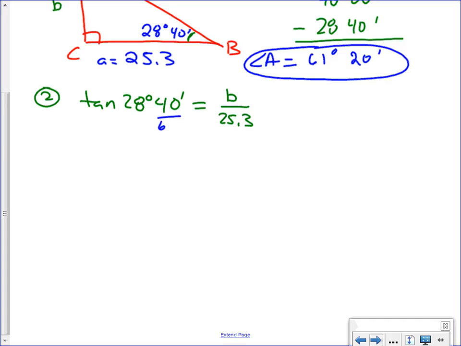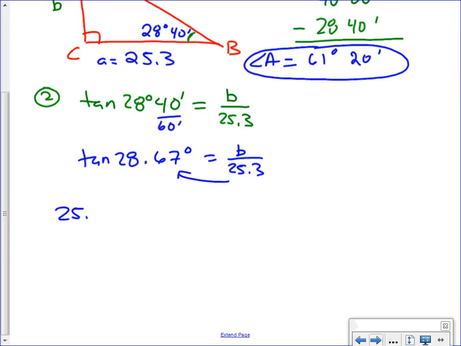Divide the 40 by 60, and you get 28.67 degrees equals b over 25.3. Multiply the 25.3 to the other side, so it's 25.3 times tan of 28.67 is b.